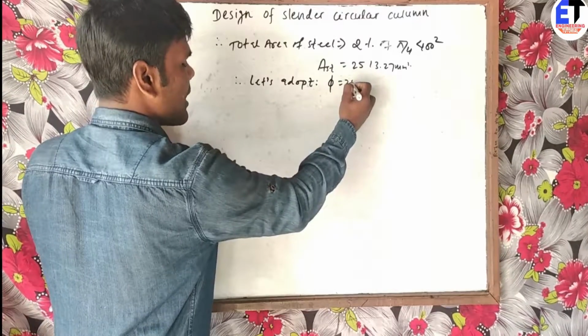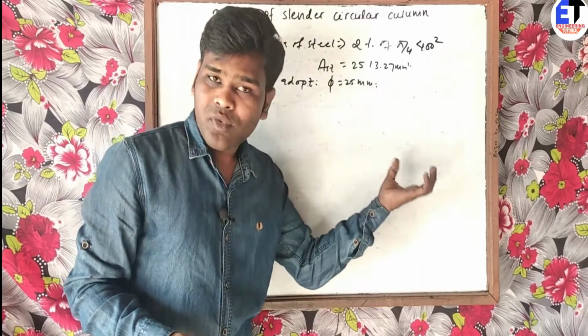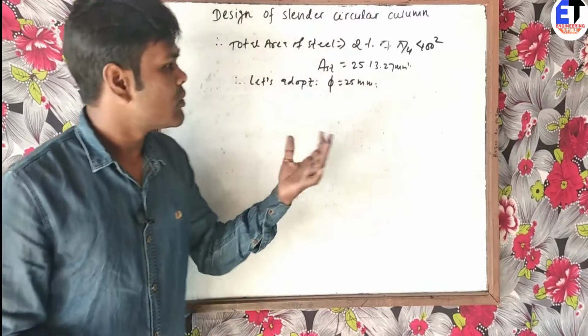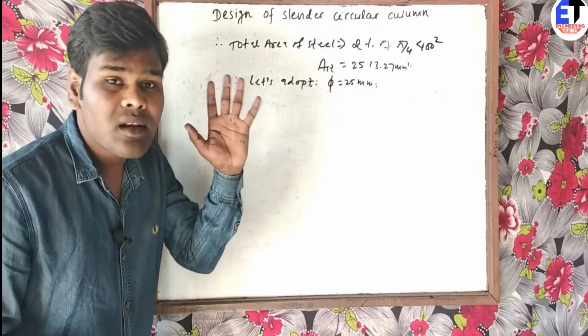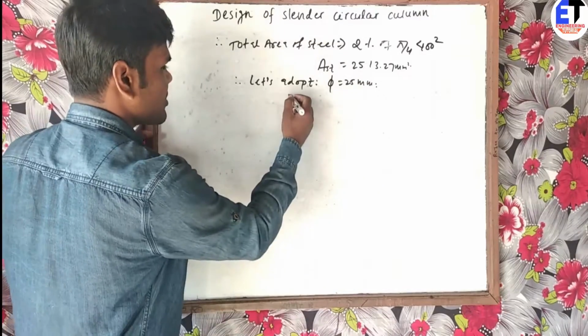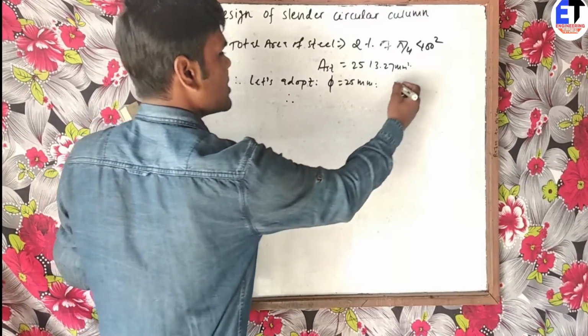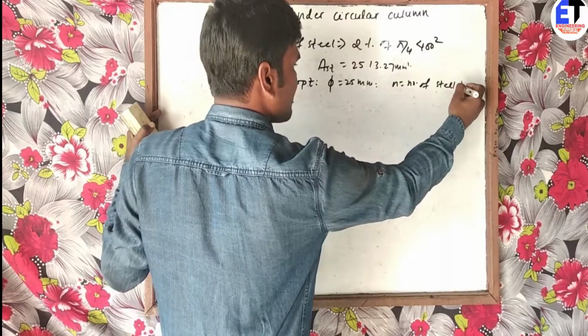We have adopted 25 mm, but we should find the number of bars required for this area of steel, where n is the number of steel bars.